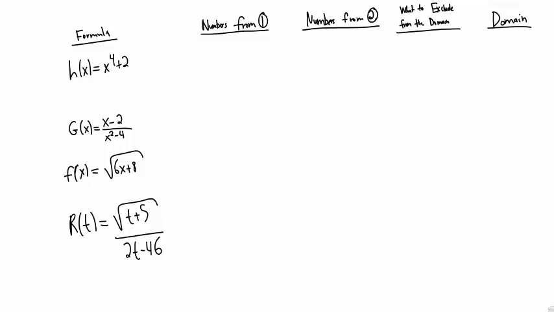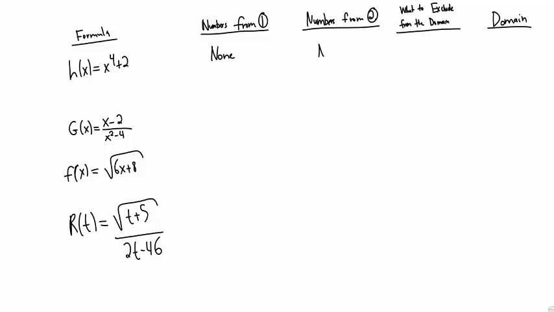In this first formula, x to the 4 plus 2, there are no denominators. So right away, we know that there are no numbers to exclude because of the first case, division by 0. And we look at the formula, we also see that there are no radicals.